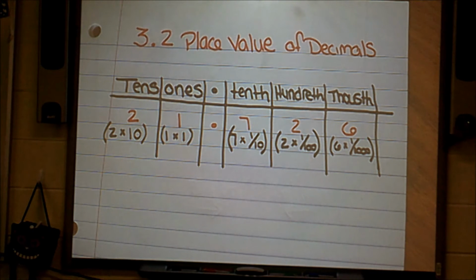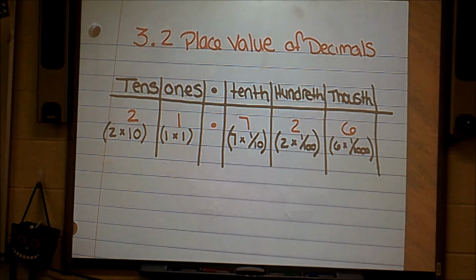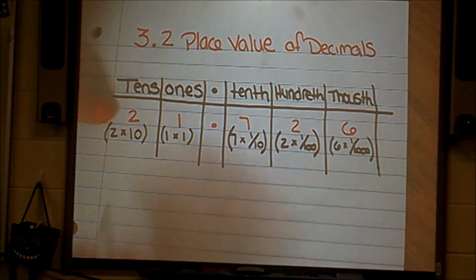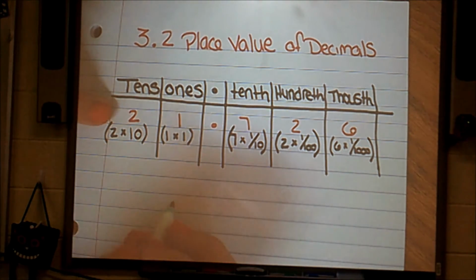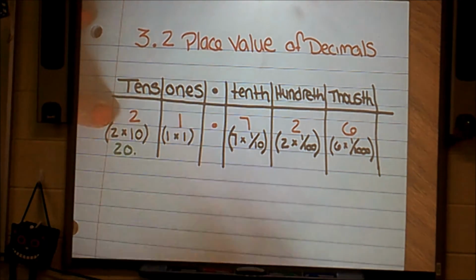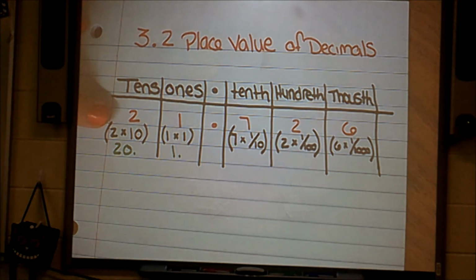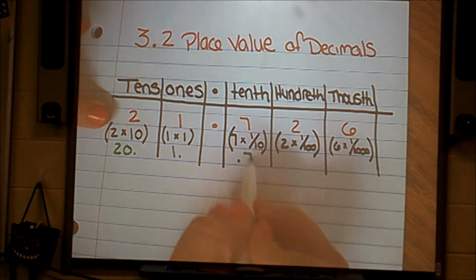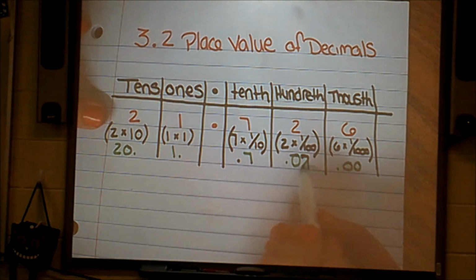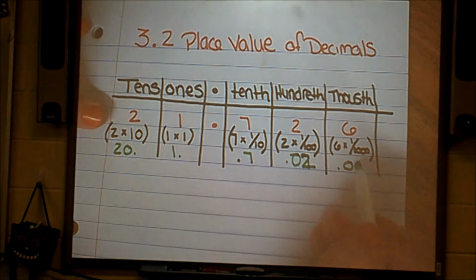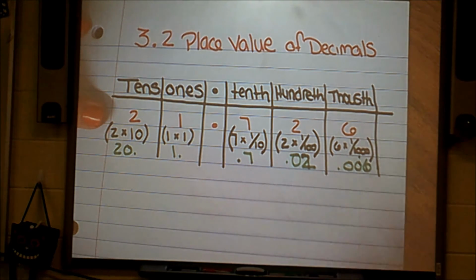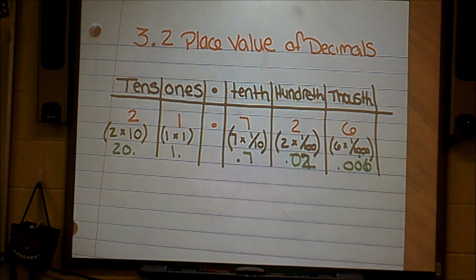Now if I wanted to represent these numbers as decimals, or by their digit value, then I could do this one as 20, 1, 7 tenths, 2 hundredths, and 6 thousandths to hold those place values.